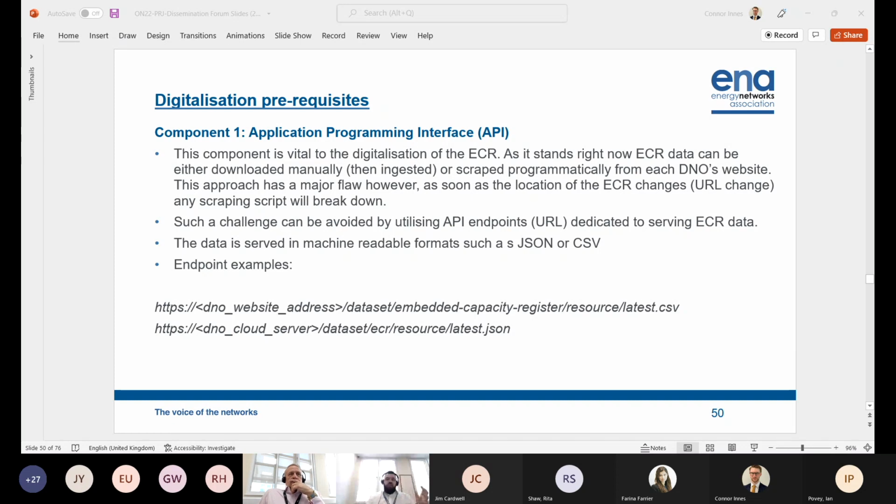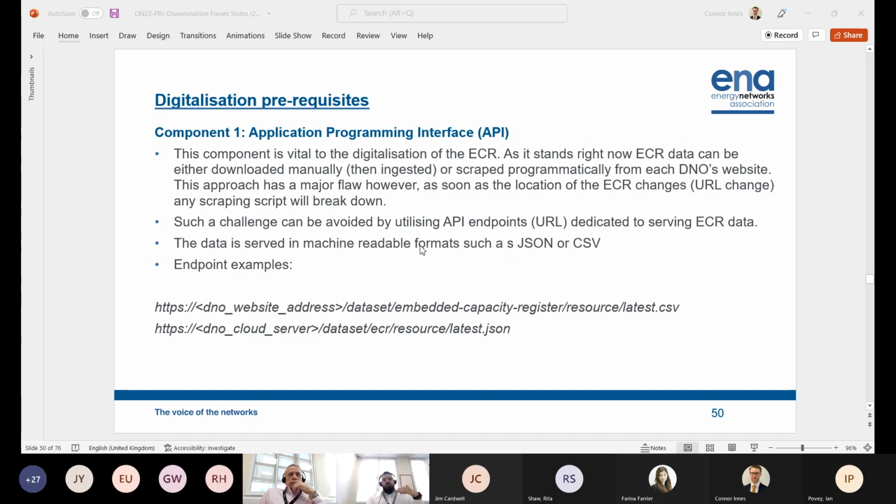Think of them as just a URL, like the examples on this slide, where a given user that chooses to consume the ECR data in that manner will know that whenever they set their scripts to go and fetch the data, this operation will happen via this same URL every single time. So it lowers the need to maintain any script, etc.